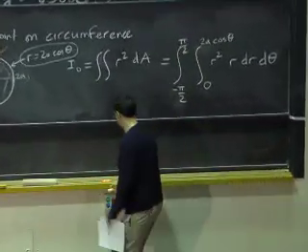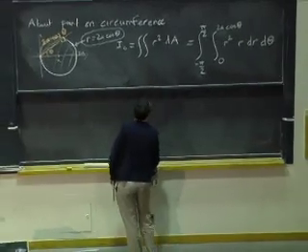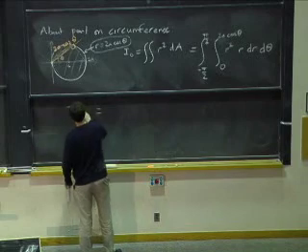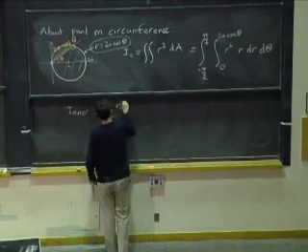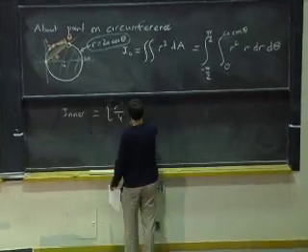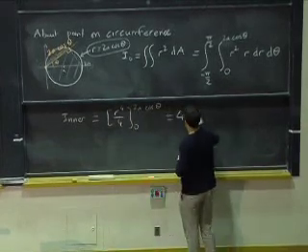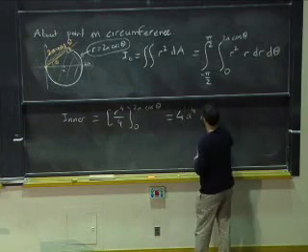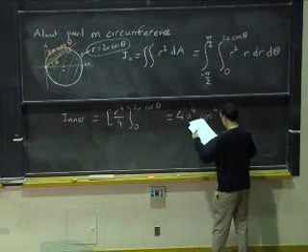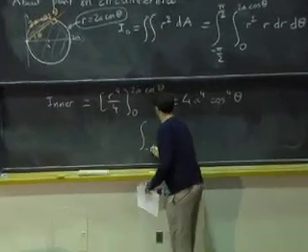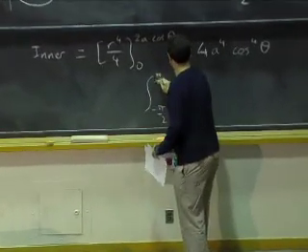So now if you compute that, the inner integral will be r to the 4 over 4 between 0 and 2a cosine theta, which will turn out to be 4a to the 4 cosine to the 4 theta. And now you will integrate that from minus pi over 2 to pi over 2.